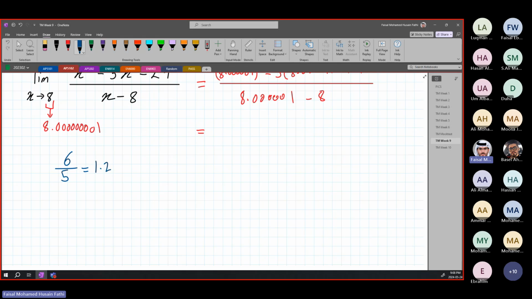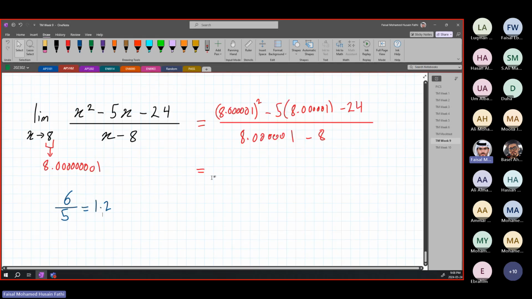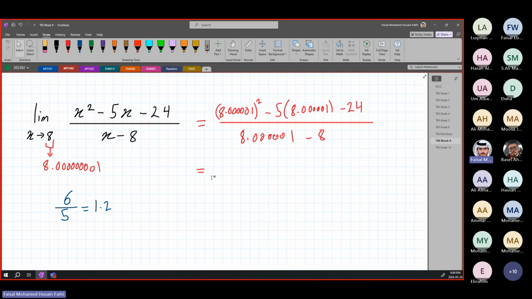Now, if we plug in this value, 8.00000001. Don't put too many zeros because then it will just round it down to 8. Usually use 6 to 7 zeros. That's more than enough. And then just plug it in for your x. So minus 5 into this, minus 24.